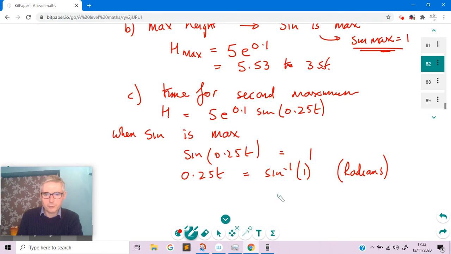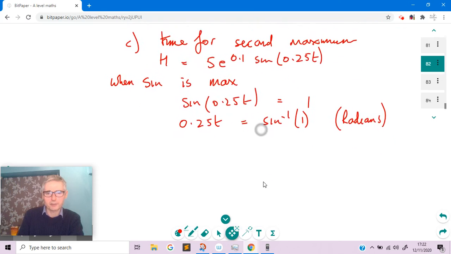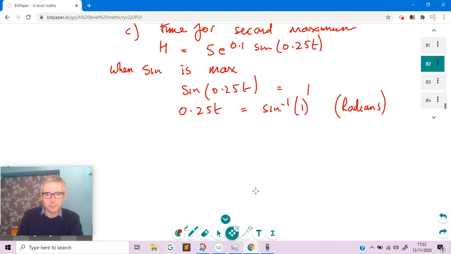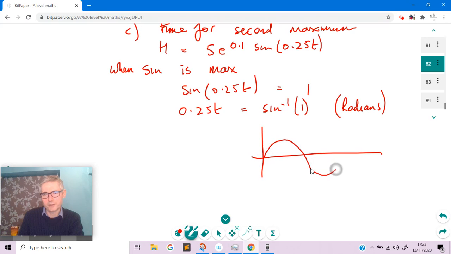So consider a sine graph. What it would look like, as we're very familiar with, would be something like this. So it continues on. And so the first time that sine is maximum is at this point, which when we're working in degrees, we know that's 90 degrees. Well, in radians, that's pi by 2.